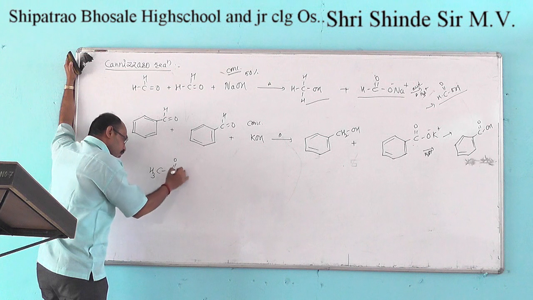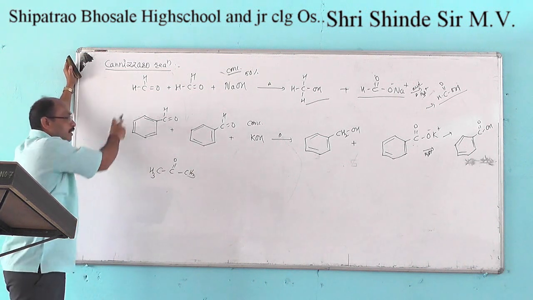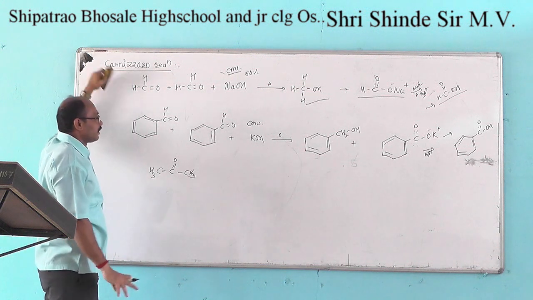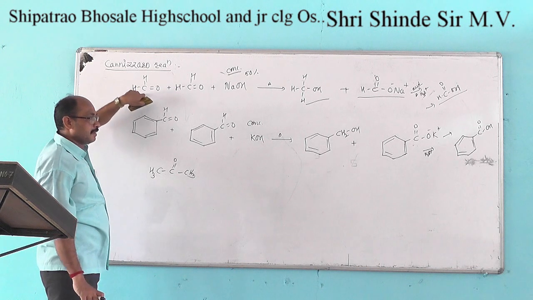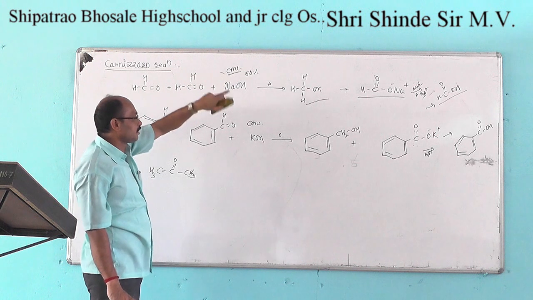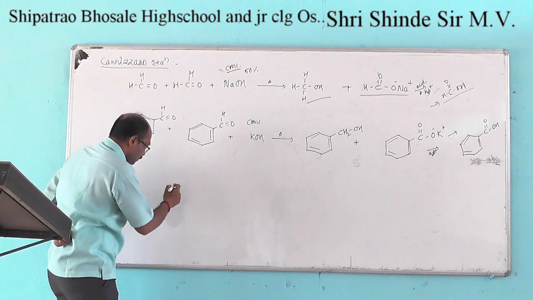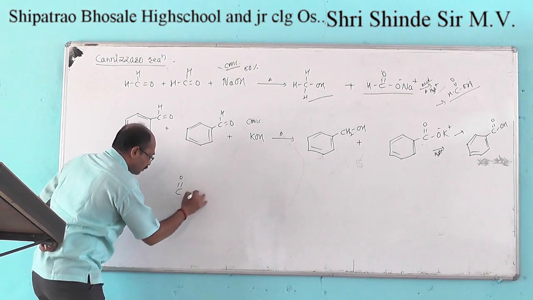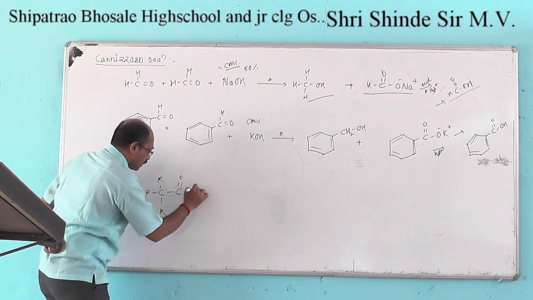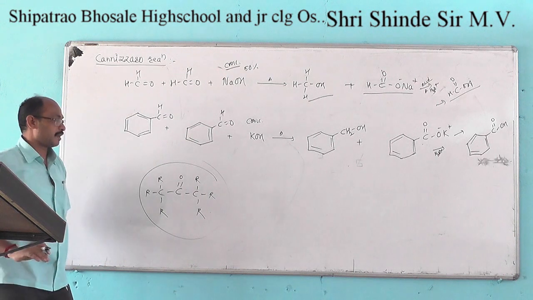Suppose I am taking acetone. Ketones that do not have any alpha hydrogen, suppose I am drawing a structure here, are compounds which do not have any alpha hydrogen atom.